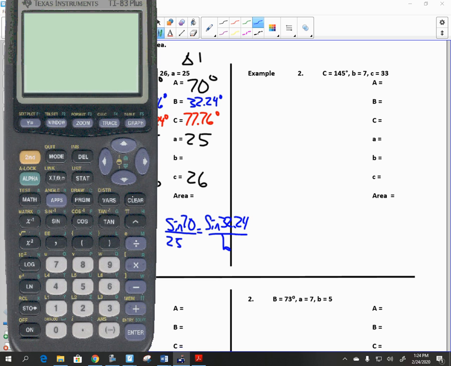Which two are going to multiply together, and what are you going to divide by? 25 times sine of 32.24, then you're going to divide by sine of 70. So 25 sine of 32.24, and I divide by sine of 70. 14.19.